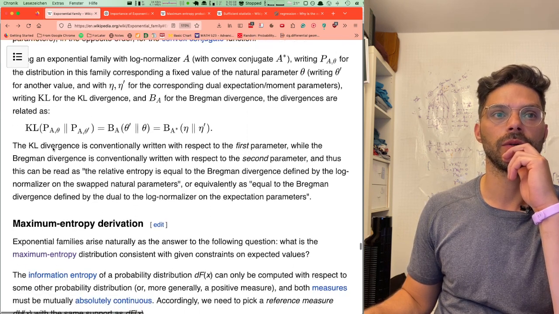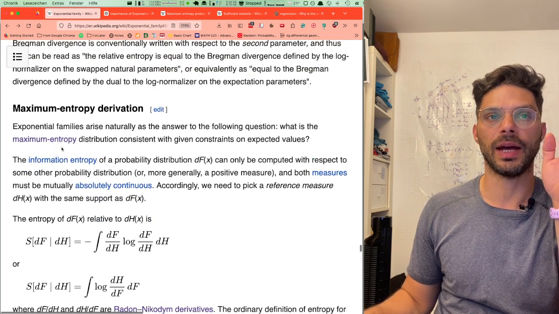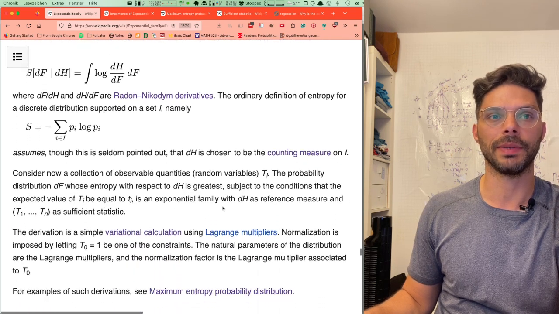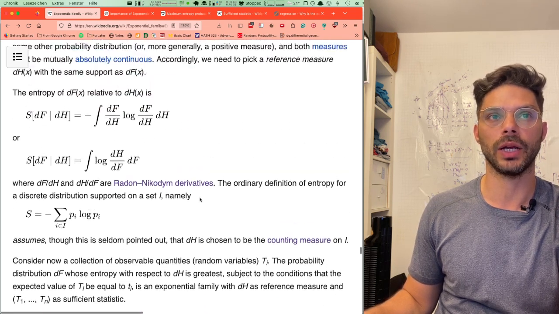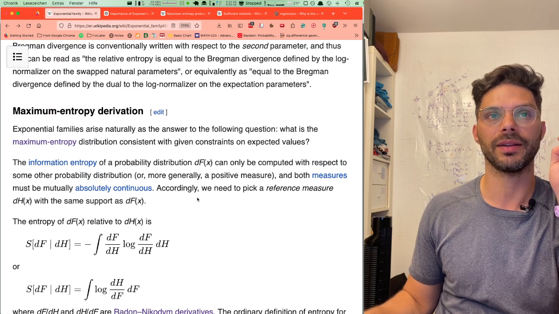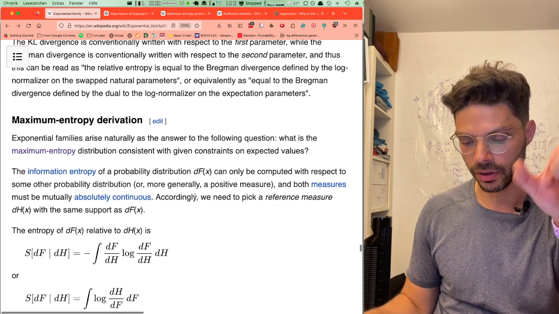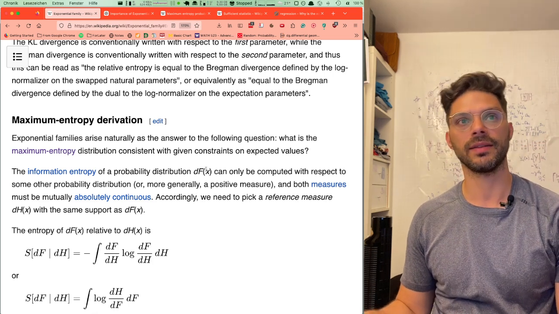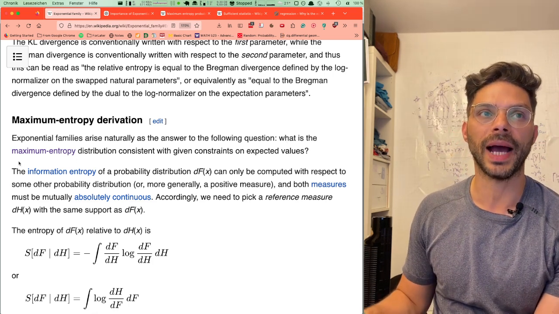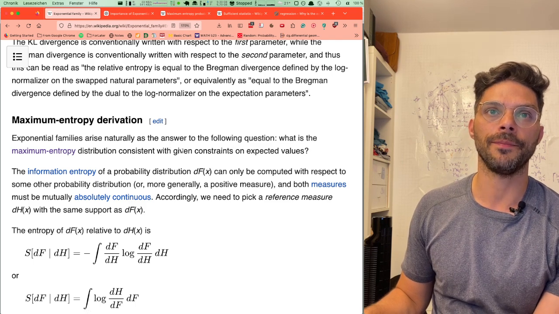Entropy. Okay, here is, I think, an example of where they've made this thing more complicated than it has to be by bringing in measure theory and things like that. But one of the really interesting properties of the exponential family is that it yields the maximum entropy distributions given constraints.